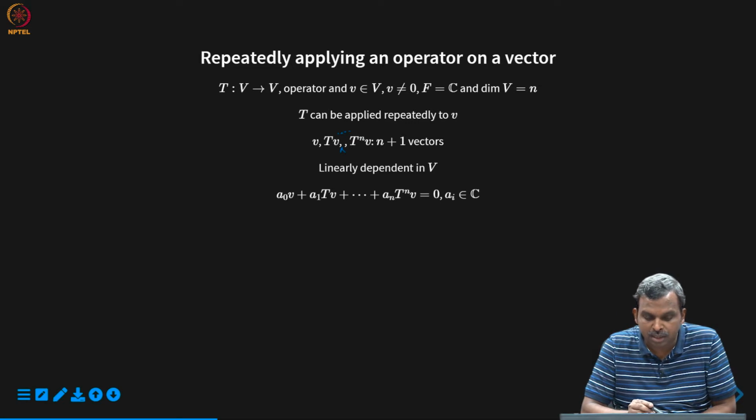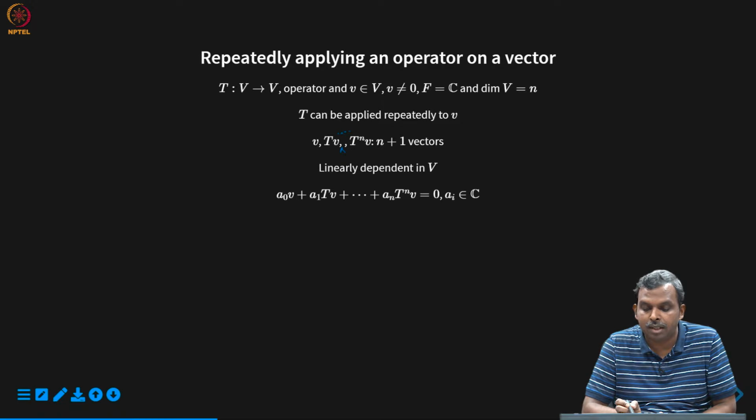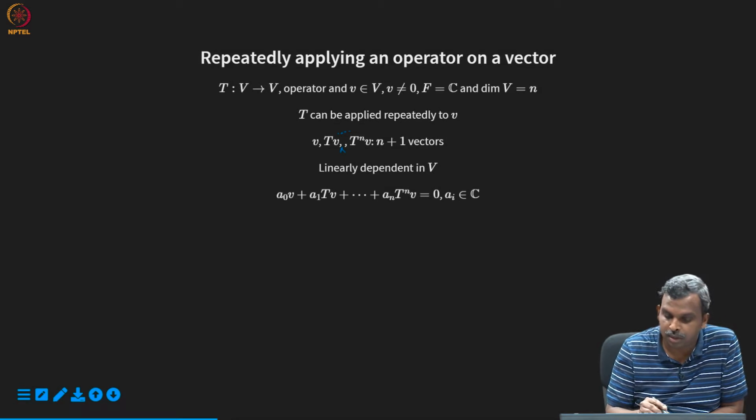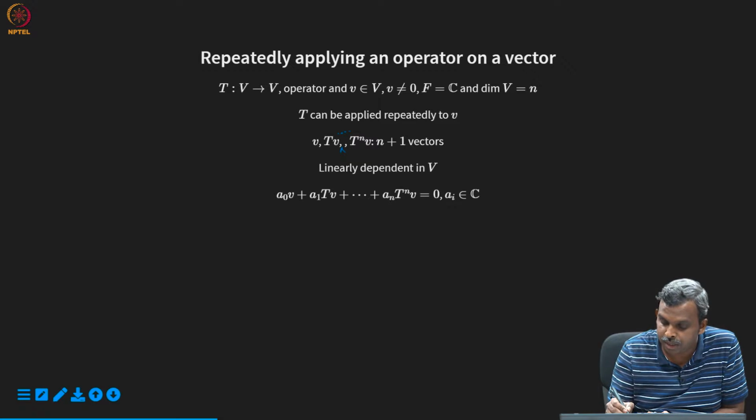So there will be constants a0, a1 to an, with each ai in the complex numbers, such that this is true, and not all ai are 0.